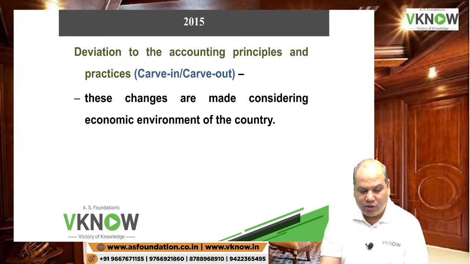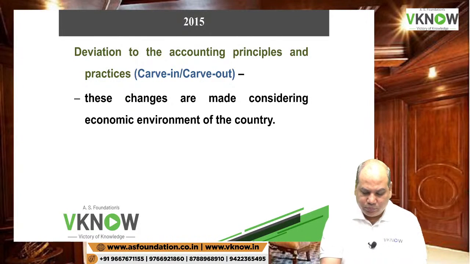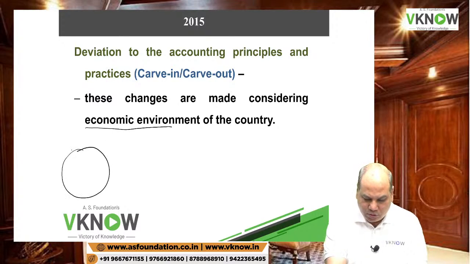But the major changes are called carve in, carve out. These changes were made considering the economic environment of the country. One example for this will be in Ind AS 10.